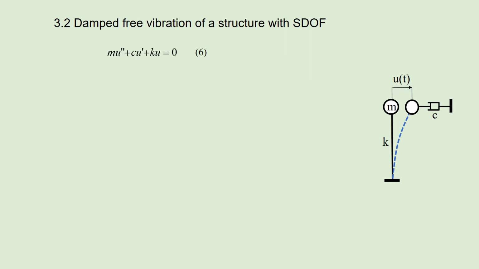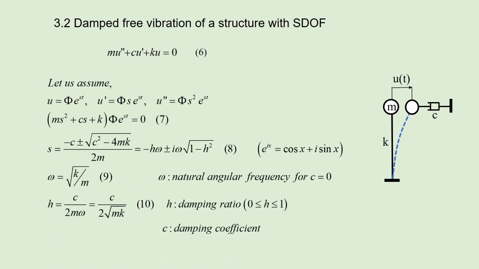To solve this differential equation, we assume the displacement u as phi exponential st, which is a more general form than sine and cosine curve. Then we get equation 7.